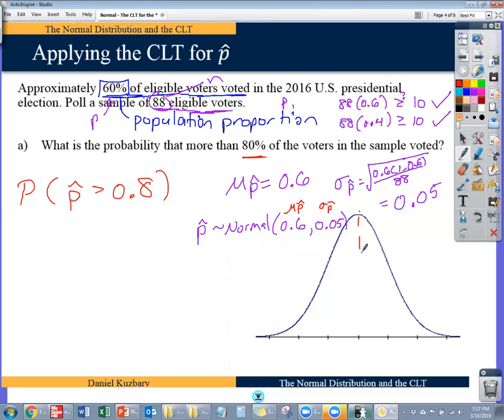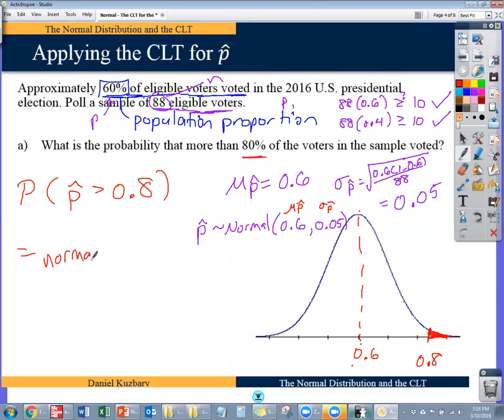So that means on my normal graph, I can put my mean as 0.6, my standard deviation 0.05, which means that 0.8 will be probably out here somewhere. I know that most of my data is within 3 standard deviations, so around 0.75. This is bigger than 0.75. And I want to find the probability that more than 80% voted, which is going to be that little red sliver. I think it's going to be little.